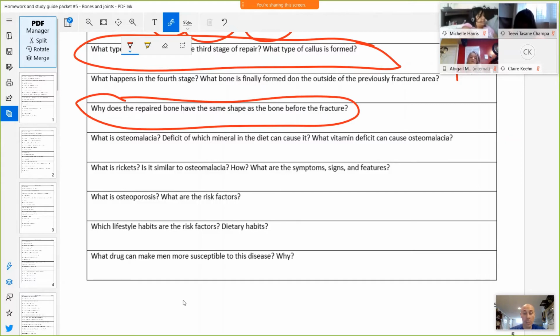Osteoporosis, calcium resorption outpaces calcium deposition. So let's clarify. Osteoporosis can happen if you have, for instance, too much parathyroid hormone. That happens, but it's rare.